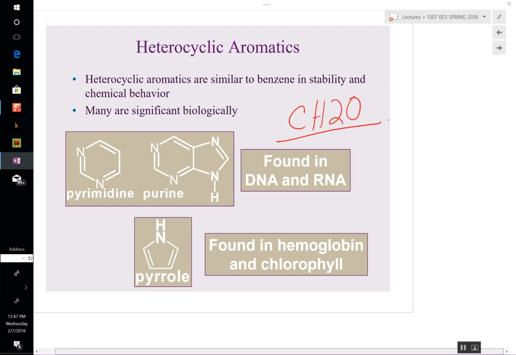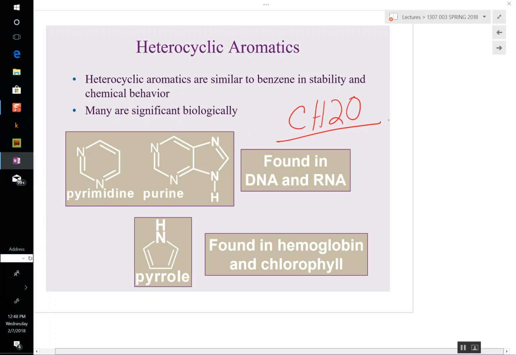These 2 carbons are common to that ring and to that ring. So those 2 rings are fused together because they share these 2 carbons. And you can see there's 4 nitrogens in it. That's a purine. So purines and pyrimidines are the structures that make up nucleic acids in RNA and DNA. Don't worry about them now. We'll worry about them in chapter 20.